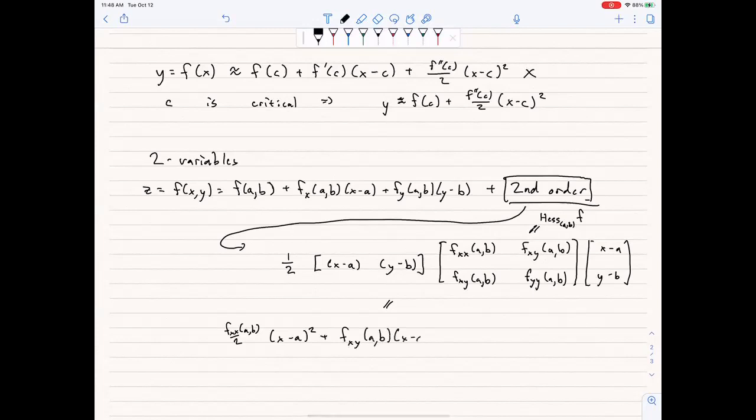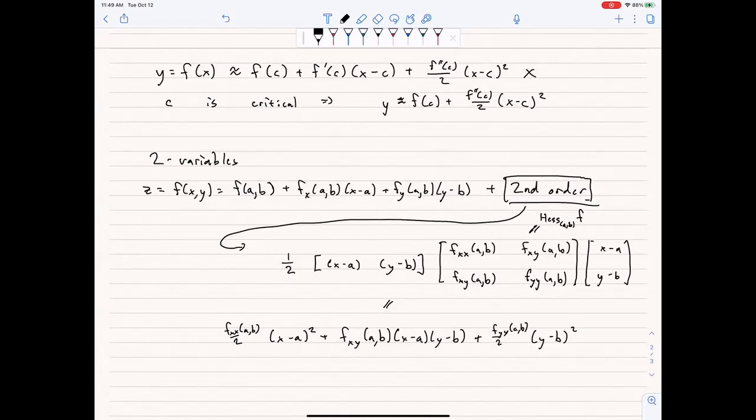And here we get a product x minus a times y minus b. This would not be fun to write out at all if you were doing it in 3 variables, or it would get more messy than it already is. But at least in 2 variables, it can be written without too much time. So you get this expression. This is the general expression.